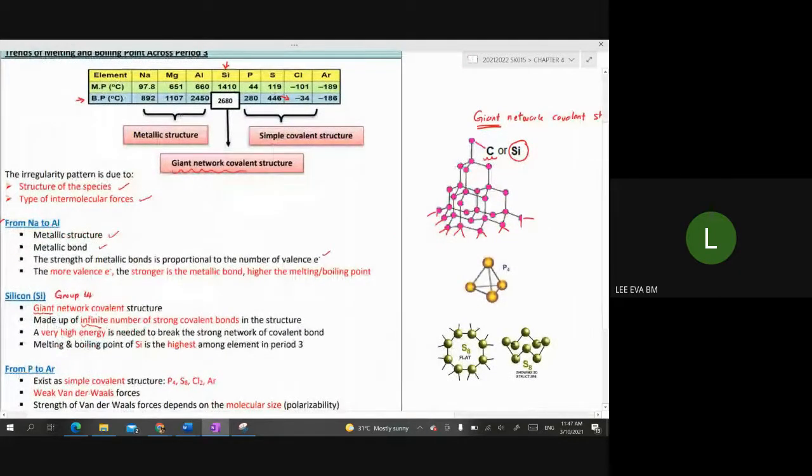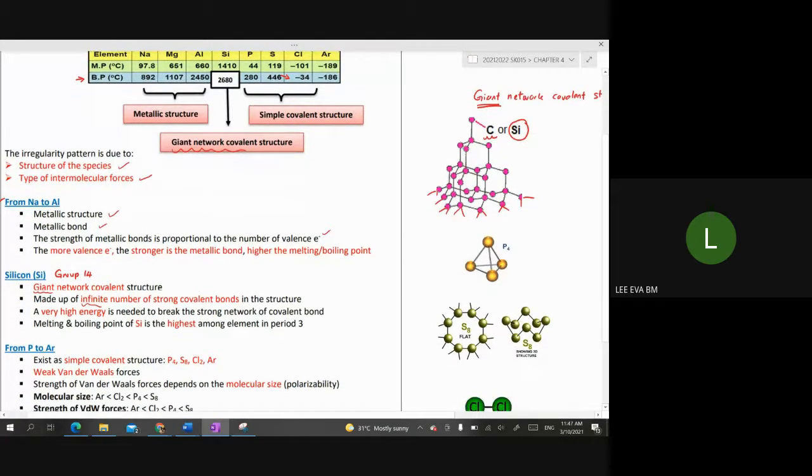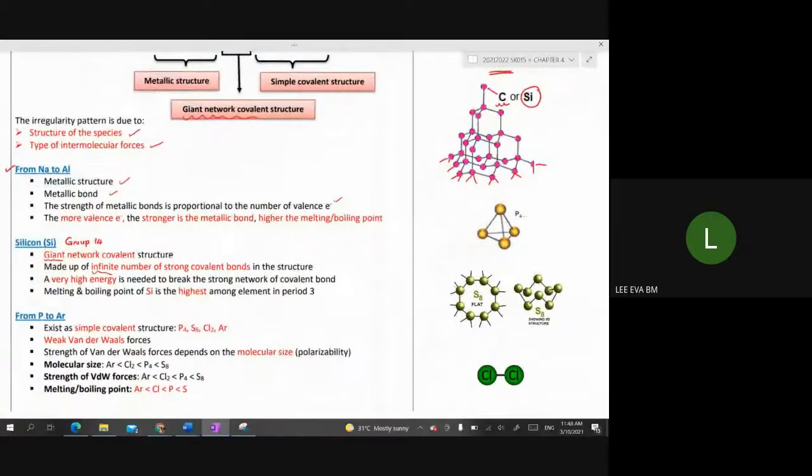Nak belajar macam mana nak lukis pun boleh. But you have to see from the pictures itself, you need to recognize this structure is the giant network. In the explanation here, it is already given that the melting and boiling point of silicon is the highest, due to this structure and the very high energy needed to break the very strong covalent bonds. So please highlight the keywords giant network covalent structure and very strong covalent bond.